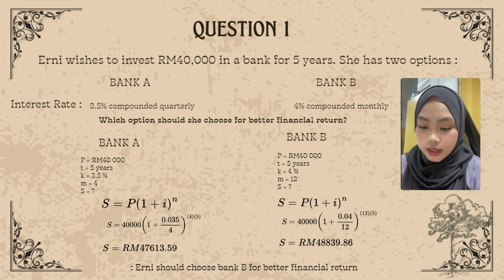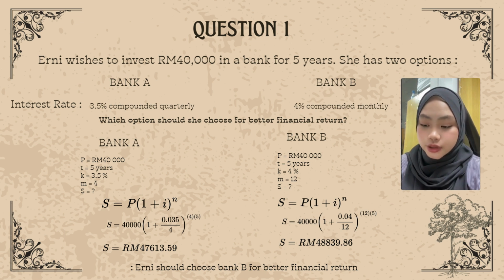After substituting these values into the formula, the final amount for Bank B is Ringgit Malaysia 48,839 and 66 cents. So when both results are compared, Bank B clearly gives a higher return.